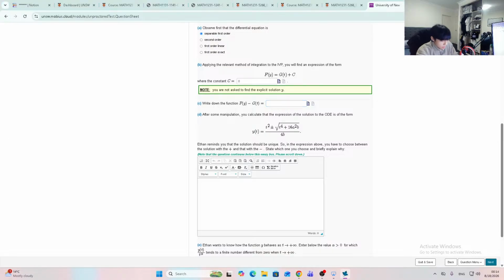I'll let Maple integrate. Is that it? 64y minus 64 over y is equal to t squared on 2 plus c.